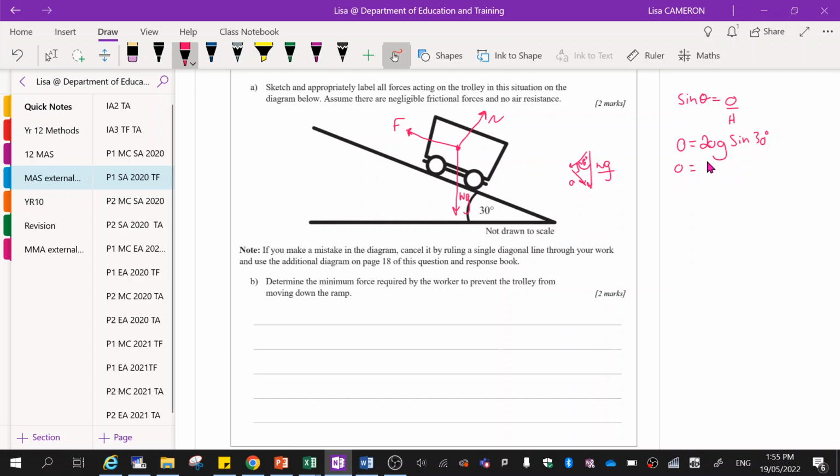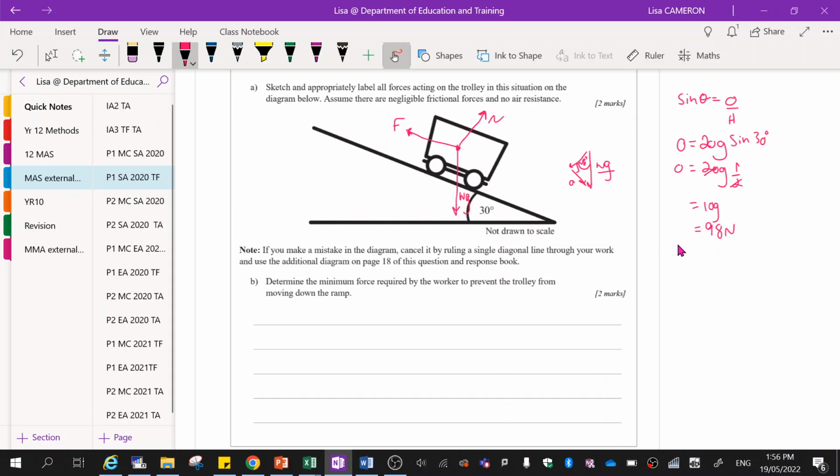So that force going in the opposite direction, 20g sine of 30, and sine of 30 is equal to a half. So I can do 20 times a half equals 10g, and g is equal to 9.8. So 10 times 9.8 makes 98 newtons of force going in that direction.